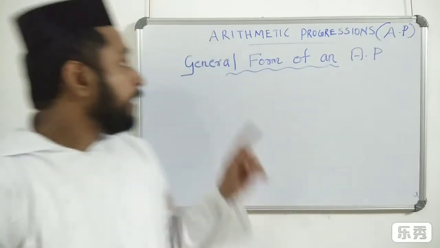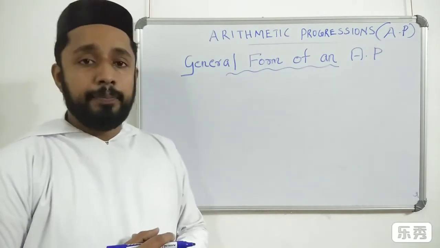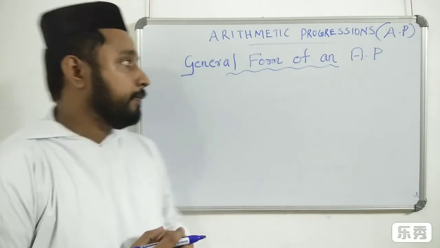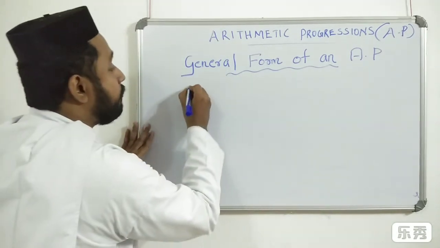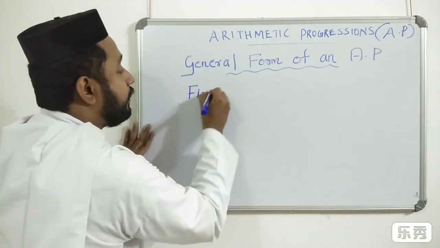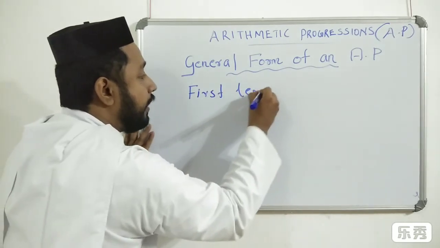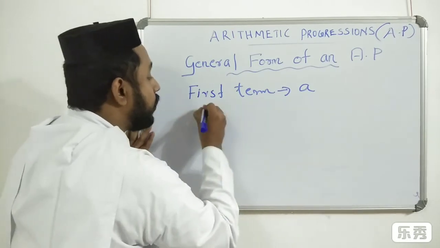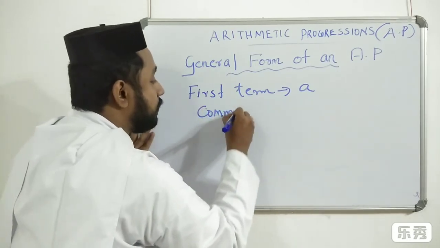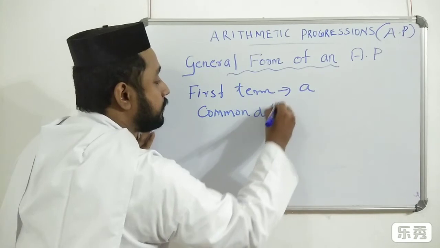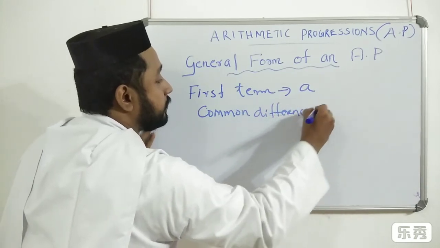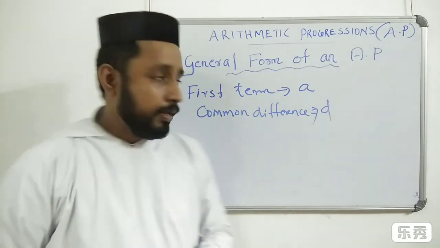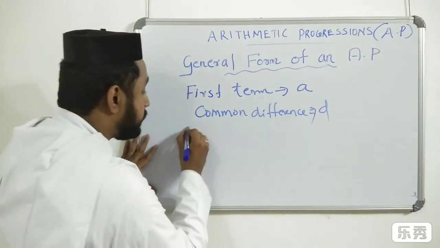Next we have to study the general form of an AP. I am going to write the general form of an AP. I am taking the first term of the AP as a and the common difference as D. So, can you say what is the second term?